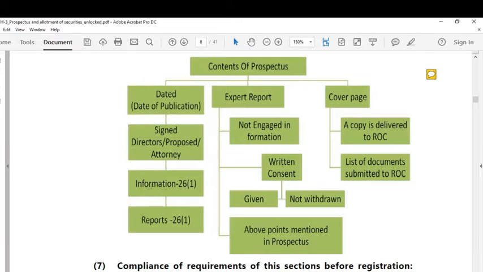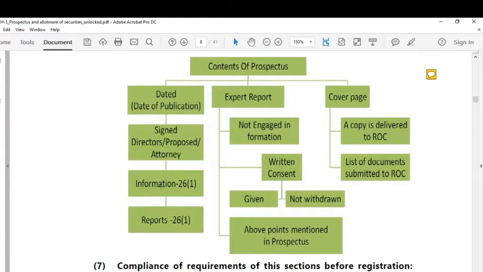The third point is information under 26(1). Section 26 subsection 1 means that to get a prospectus published and signed, and to offer the public to subscribe or purchase the shares of a body corporate, the first thing they have to do is get the prospectus registered with the Registrar of Companies, complying with all the rules and regulations prescribed by the Securities and Exchange Board of India.